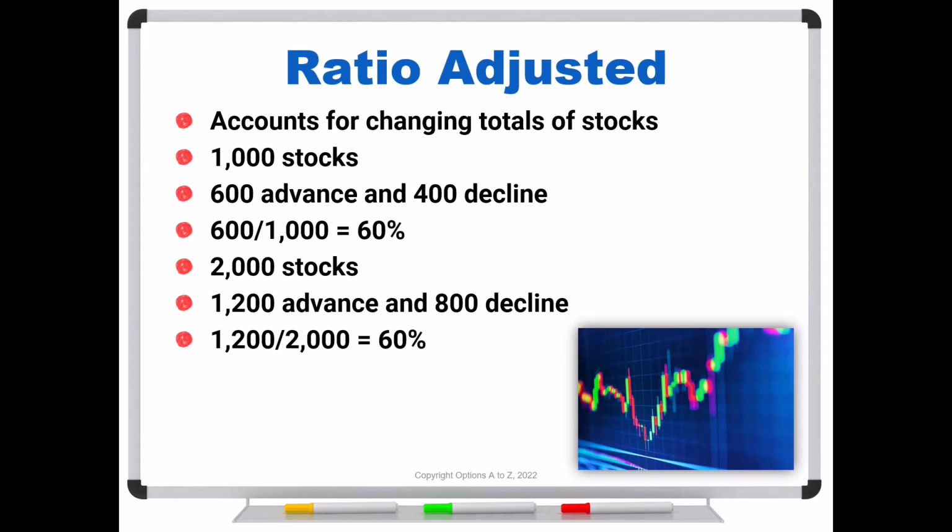Well, that's still the same percentage. But if we had used the original oscillator, we would be led to believe that we have far more advancers. Right now we'd say, wow, look at that, we got 1,200 advancing compared to only 600. Well, but that's, again, not really a fair comparison. It's because, in this case, we have twice as many stocks. So that's what a ratio adjusted oscillator does.